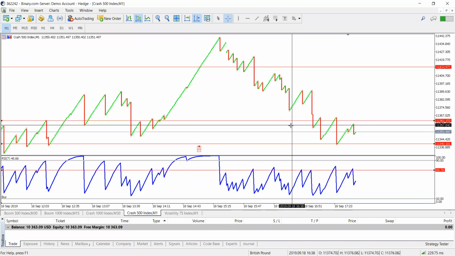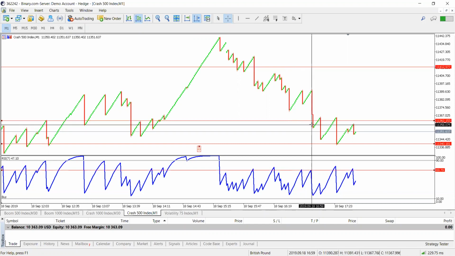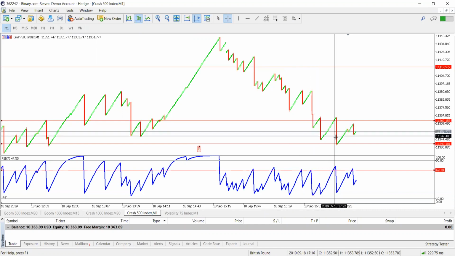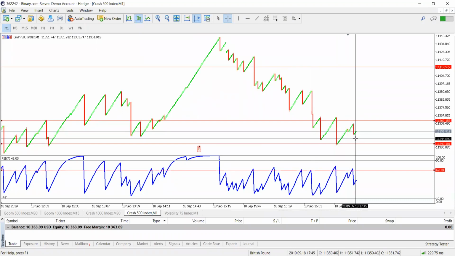Let's look at that. This crash happened here, and this crash also happened here. So you would have been able to cash in just by using your indicator. A little bit above, but it crashed there. Also when price was touching there, it crashed there. So you can use this strategy as well to actually sell off the market.